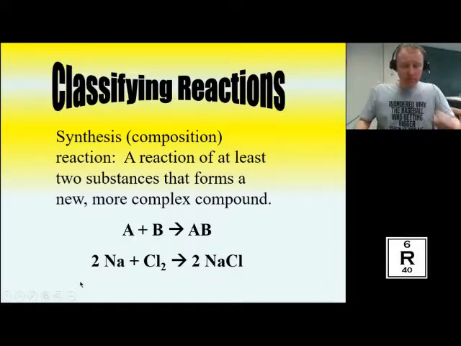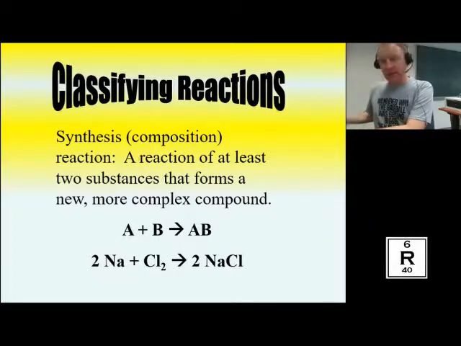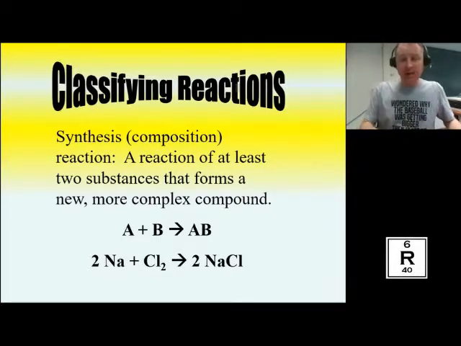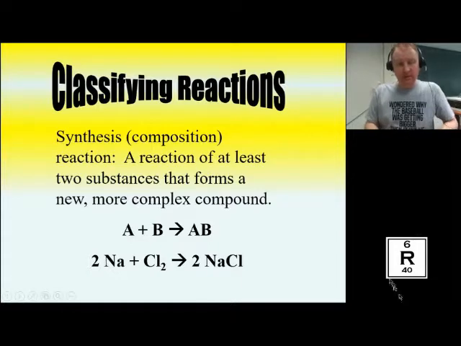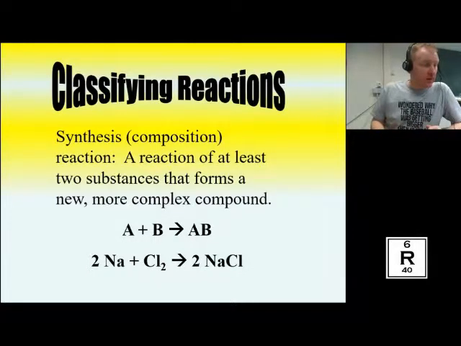Now, one of my students asked about this structure, and he said, why are we writing 2Na and then Cl2? Why is the 2 in front in this one and in the back in this one? Just as a clarification, I think it's worth going over again.